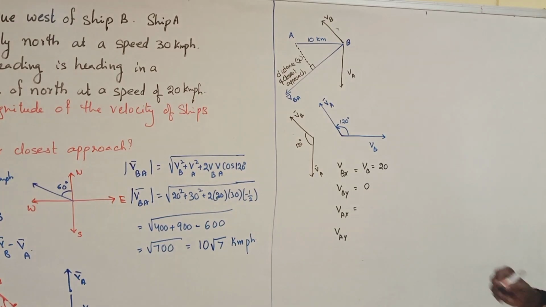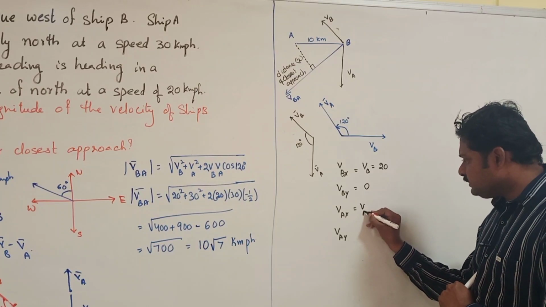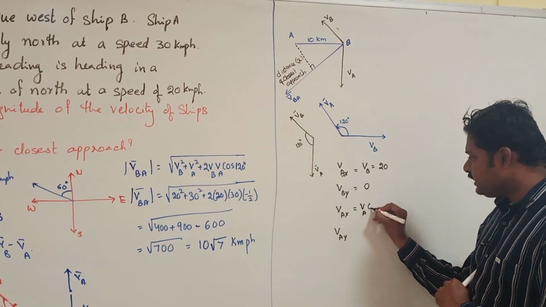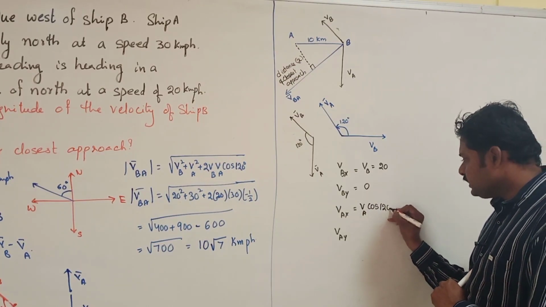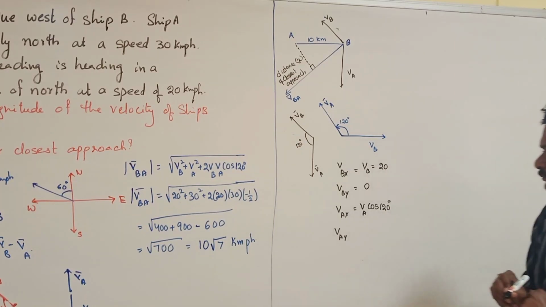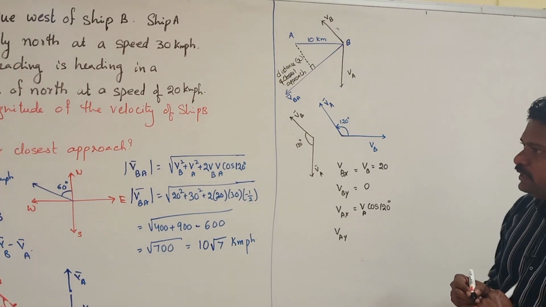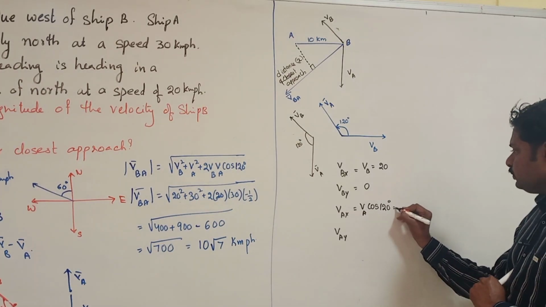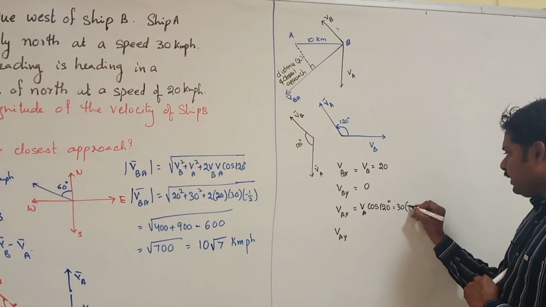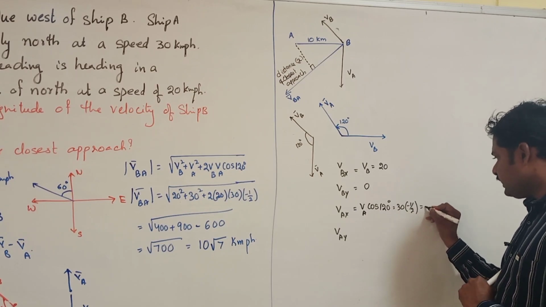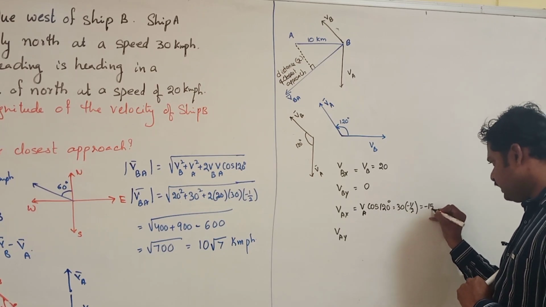VAX: from the x-axis the vector A is making 120 degrees, cos 120, which is minus 1 by 2, where VA is 30, so 30 into minus 1 by 2 is minus 15.